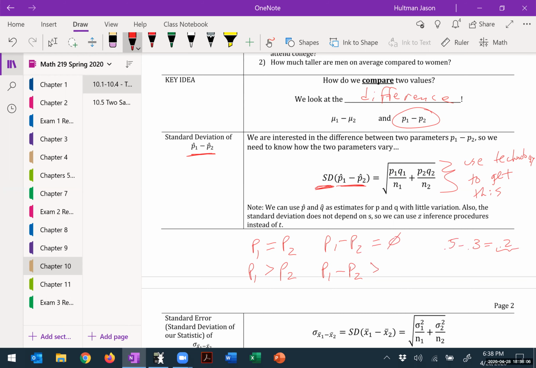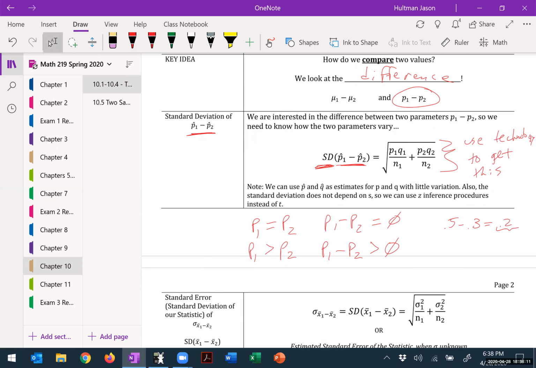So wouldn't that be greater than 0? Yeah. And the opposite would be if P1 is less than P2. For example, 0.3 minus 0.5 would be negative 0.2. So P1 minus P2 is less than 0. What does it mean to be less than 0? It means to be negative.